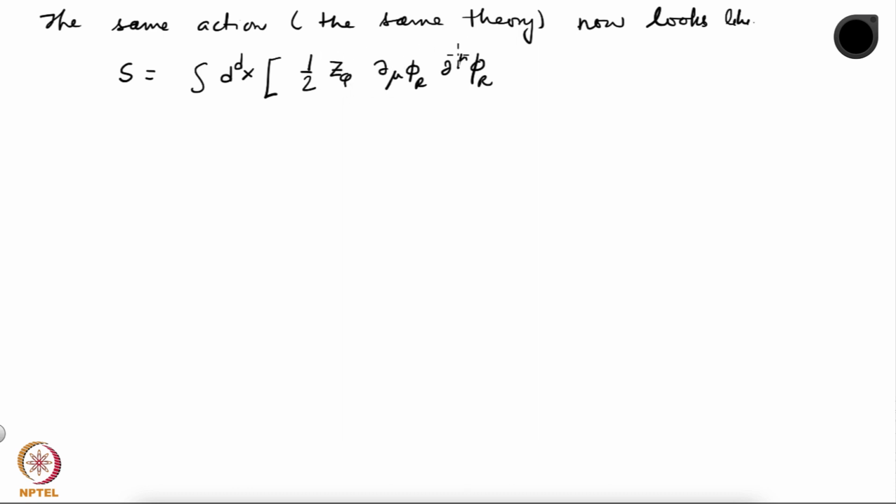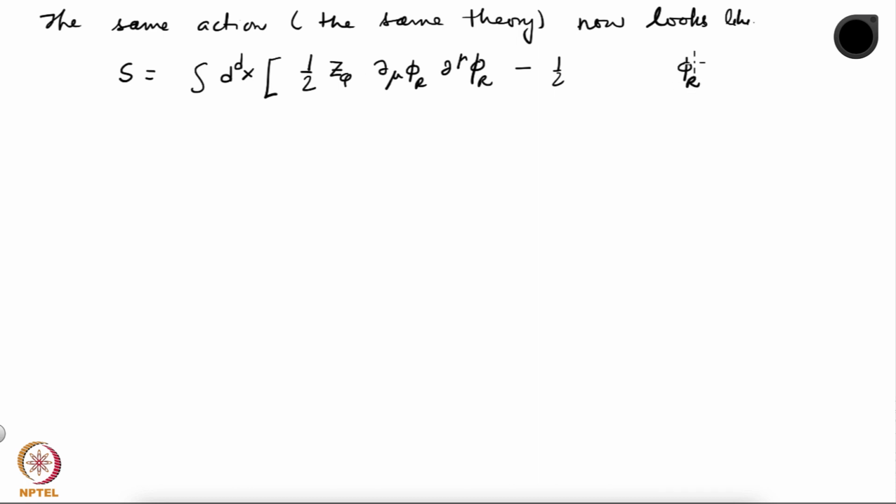So that's the first term. Then you have the mass term, minus half m square phi square.